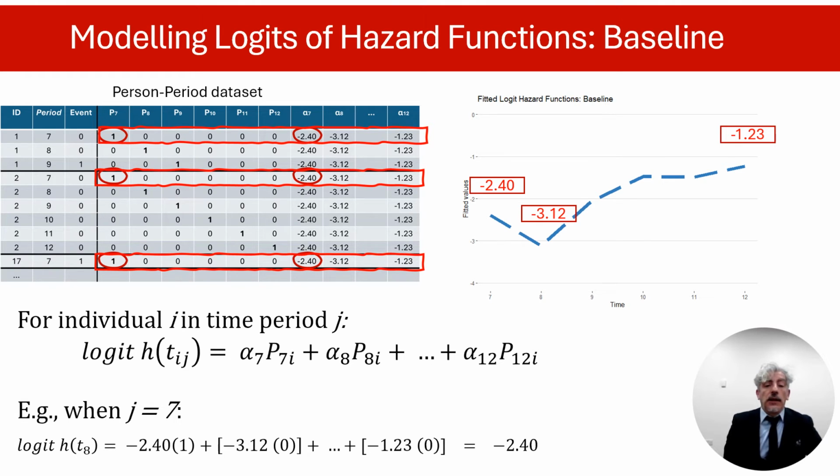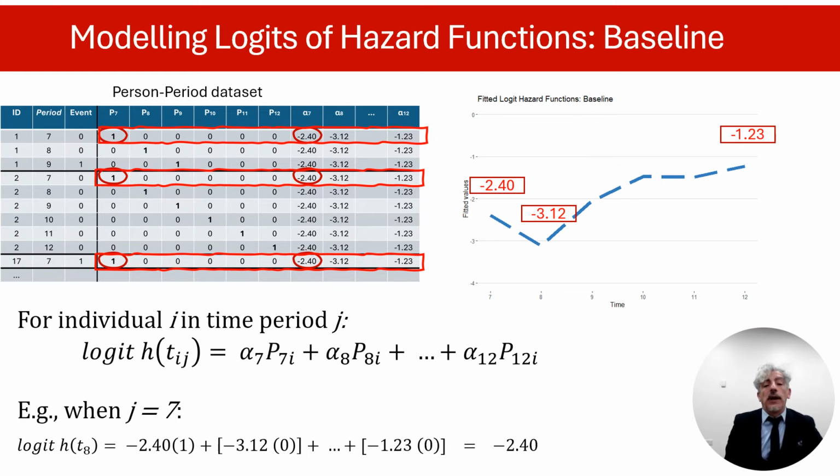And to understand how this happens, I also put the formal definition of the baseline model, where I specified that the logit of the hazard function for individual i in time period j is the sum of the product of the dummies for each time period and the relative intercept alpha values.